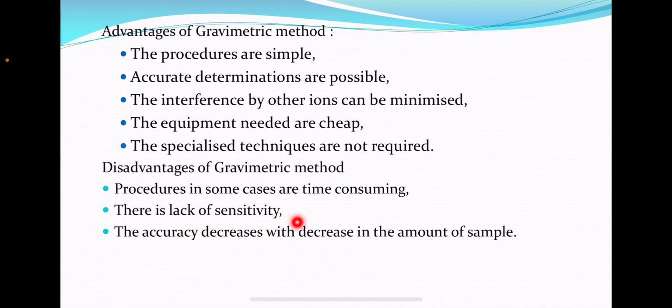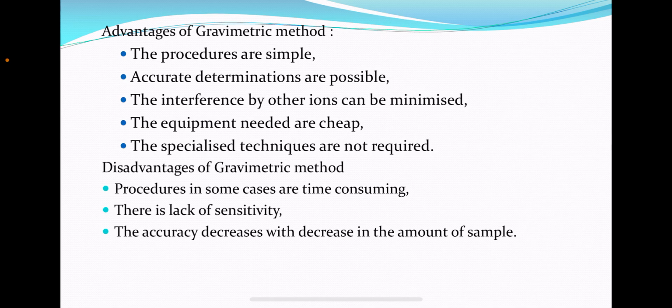Second, there is a lack of sensitivity. While doing ignition or heating, the compound may get charred because we may not be aware of its melting point, so we may heat it to a higher temperature. So the sensitivity is very low. Third, the accuracy decreases with a decrease in the amount of sample.